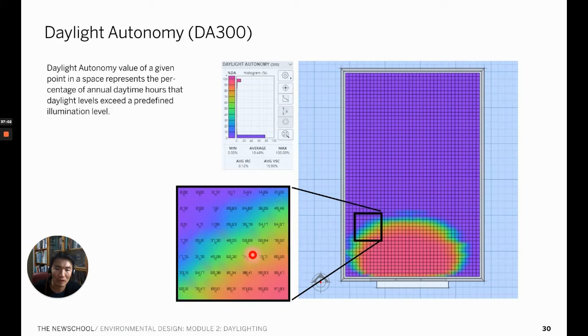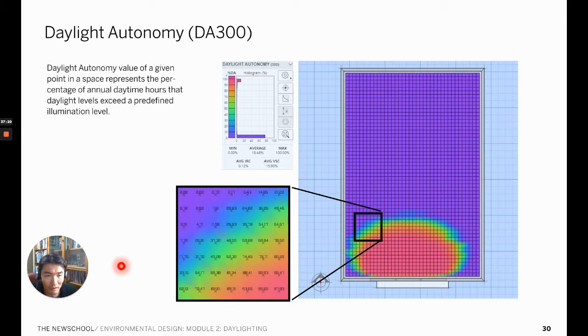In this case, we're using 300 lux as the lower threshold. For example, at this point, 58% of time at this point is above 300 lux.